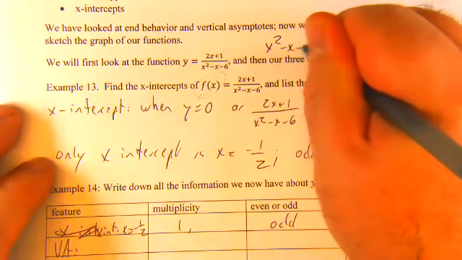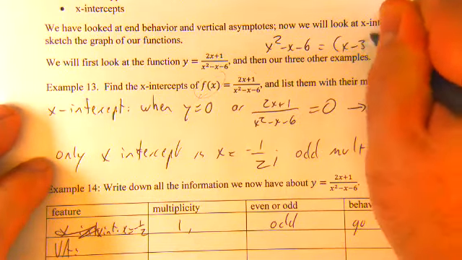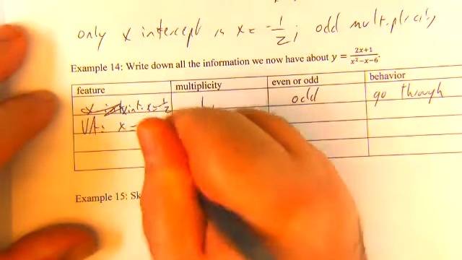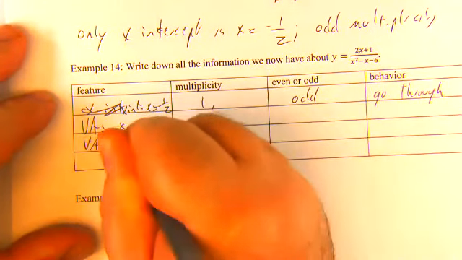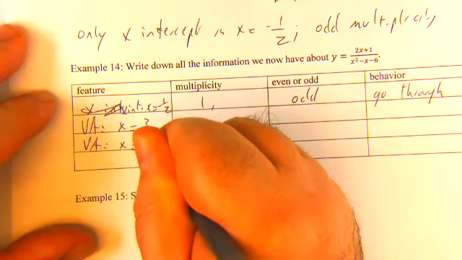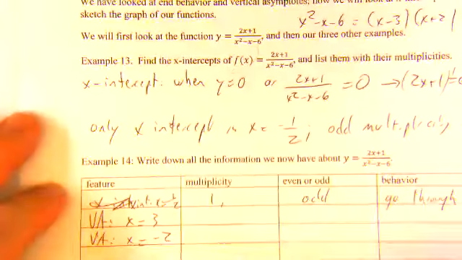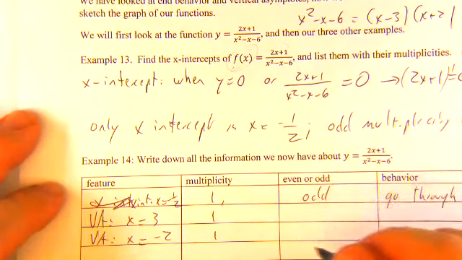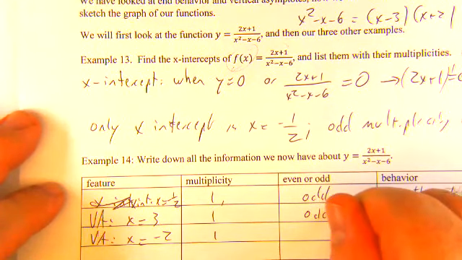If you factor the bottom, though, we'll just do this up here. X squared minus x minus 6 is x minus 3 times x plus 2. So we have a vertical asymptote at x equals 3 and a vertical asymptote at x equals minus 2. Multiplicity is 1. Those are both odd.